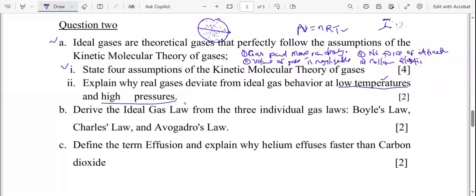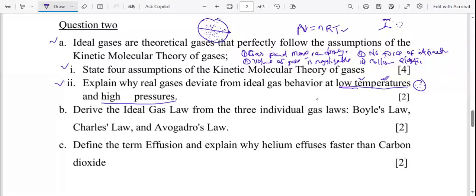We need to know that real gases deviate because at low temperature attraction becomes so important that we should study it. Why? Low temperature, suppose 0 degrees, will cause these particles to stick together. So the question is, explain why gases deviate from ideal gas behavior at low temperature and also at high pressure.